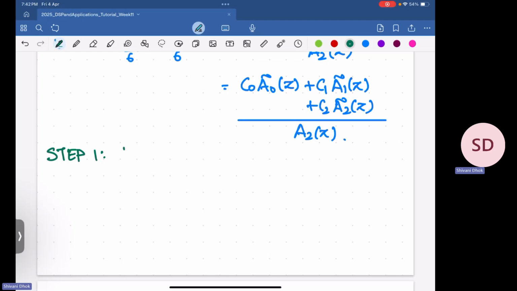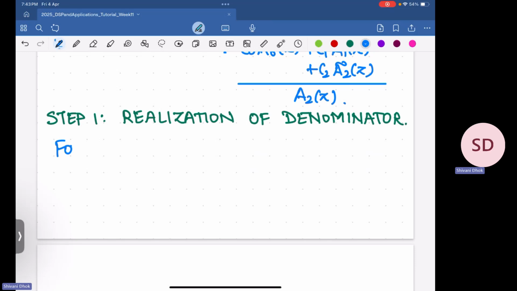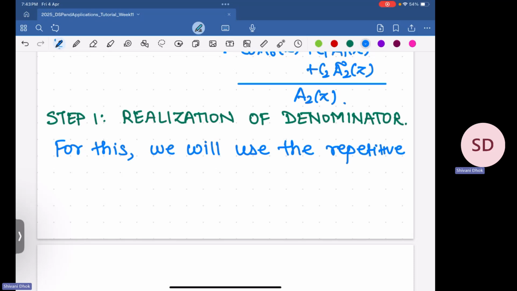Step 1 is realization of the denominator, and for this we will use the repetitive lattice structure, given on the next page.